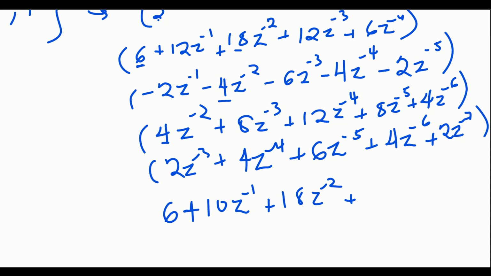Plus the next one. You have 12z^-3 minus 6z^-3 plus 8z^-3 plus 2z^-3. So I think this and that will give you 16 in total.